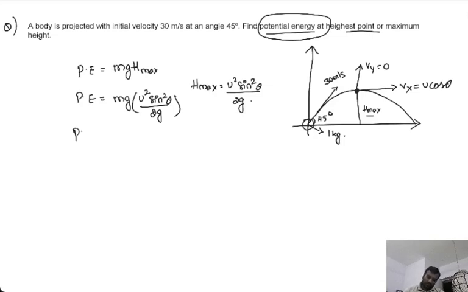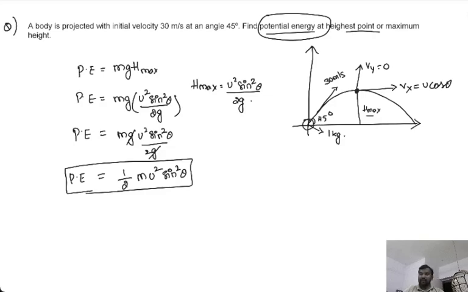Then potential energy is mg u squared sin squared theta divided by 2g. The g cancels. The remaining terms give potential energy equal to 1 by 2 m u squared sin squared theta.